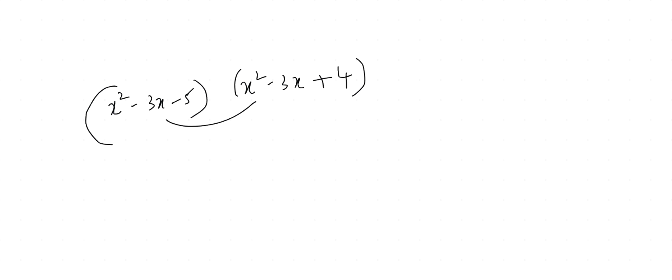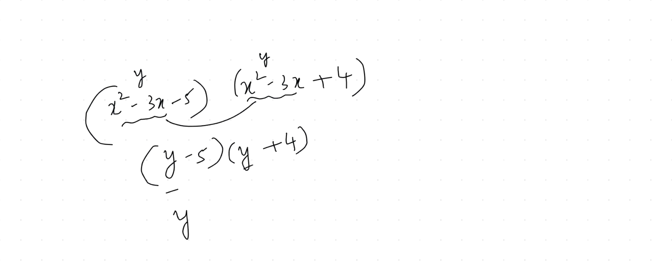If I look at this, I'll have to just take these two together. So let me call it y, because I see the patterns here. So y minus 5 into y plus 4. So when I multiply, I should be getting y into y is y square plus 4y. It's just multiplication of binomials now.